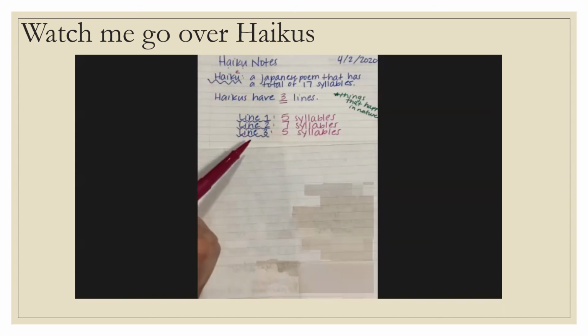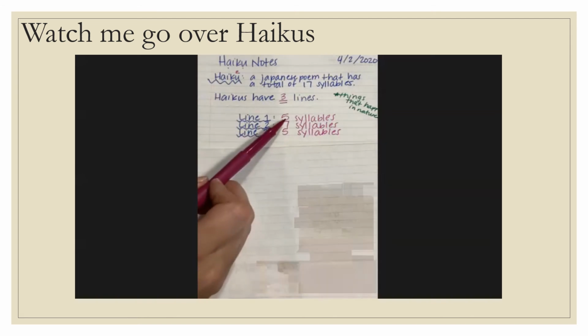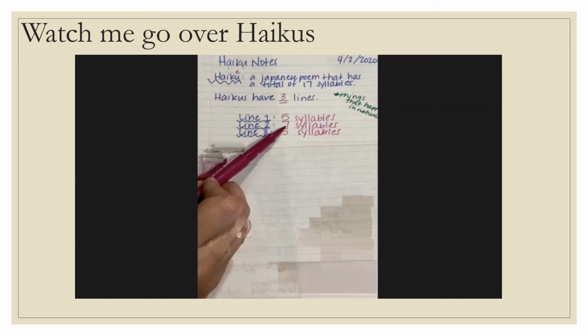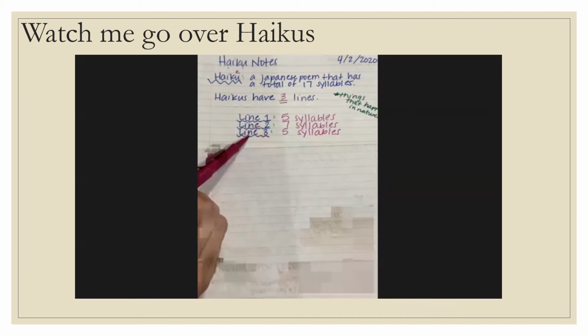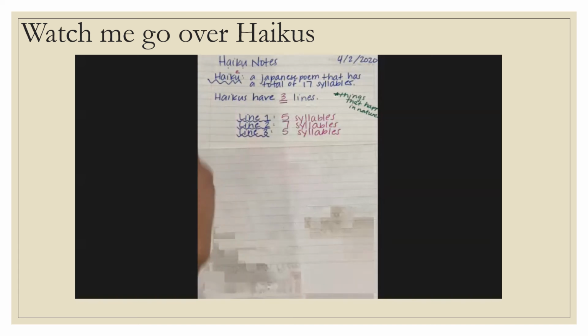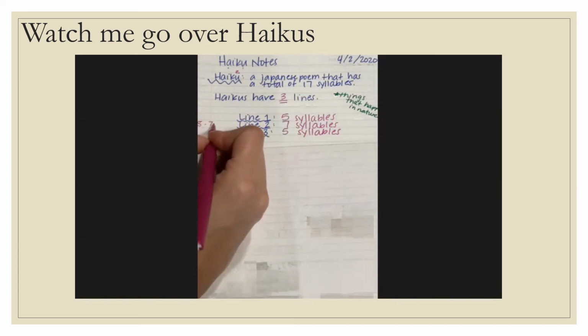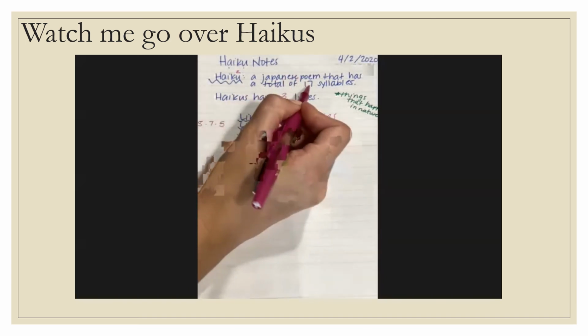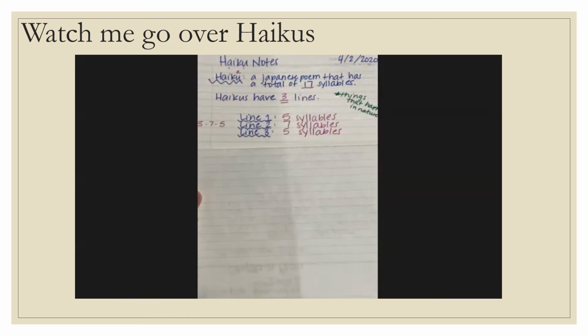So line 1 in a haiku has 5 syllables. Line 2 in a haiku has 7 syllables. And line 3 of a haiku goes back to 5 syllables. So there's a pattern, okay? 5, 7, 5. So total that up and that gives you 17, right?